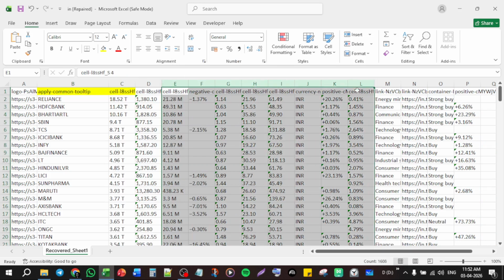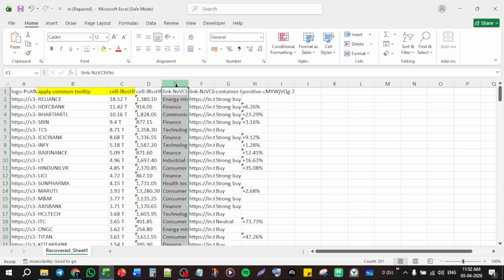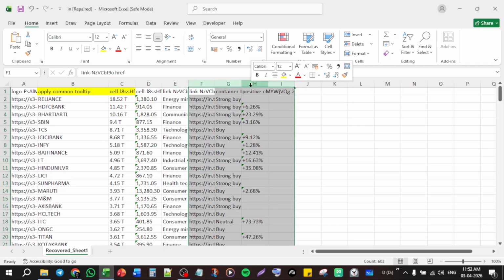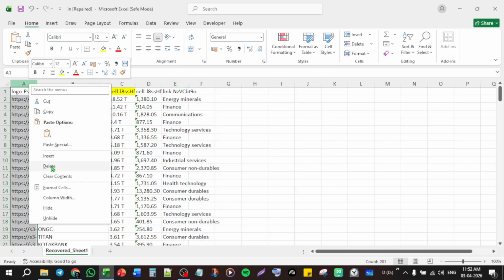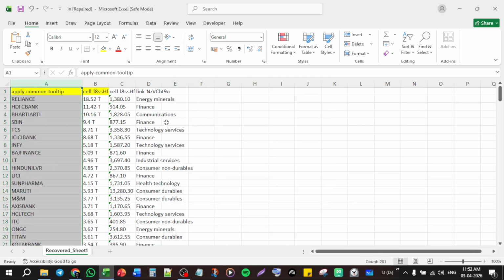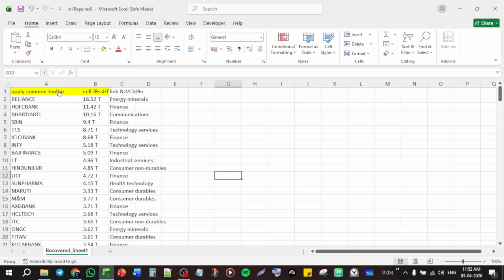Just delete everything. Don't delete these three. You have the price, you have market cap, and you have sector.